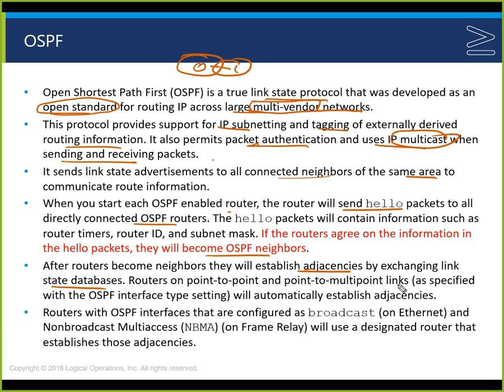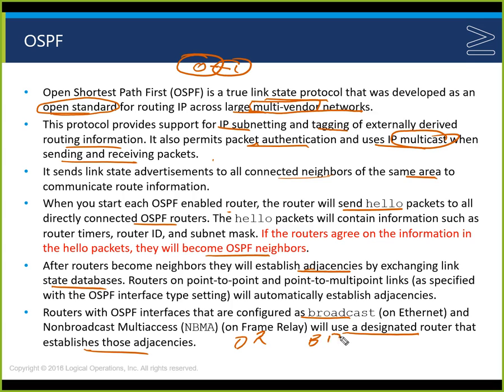Routers on point-to-point and point-to-multipoint links will automatically establish adjacencies, while interfaces that are broadcast, like Ethernet, or non-broadcast multi-access, like frame relay, will use a designated router that establishes these adjacencies. So if we're in an Ethernet environment, we're going to have a designated router.